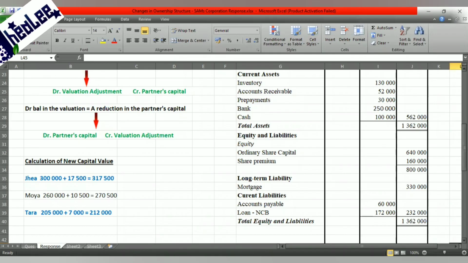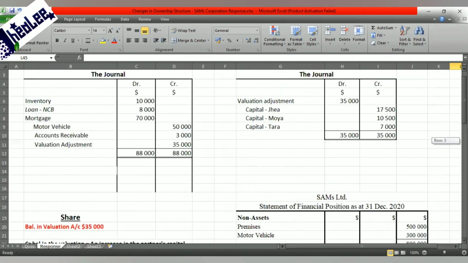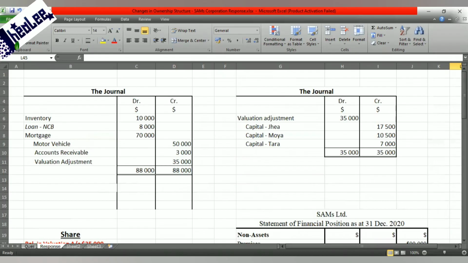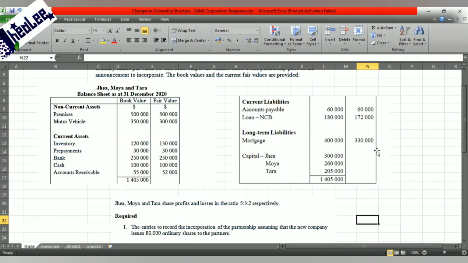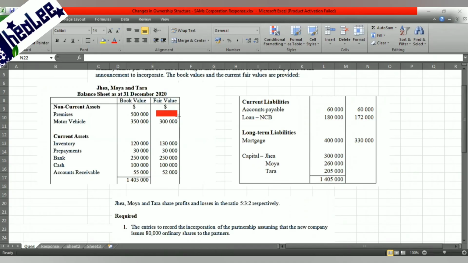In this case, we had used a partnership business and converted that to a company. Now, one thing to add to your knowledge: say, for example, you're given the book values and the fair values, and for the fair value, there is no fair value for an item. So for example, there wasn't any fair value for the premises.